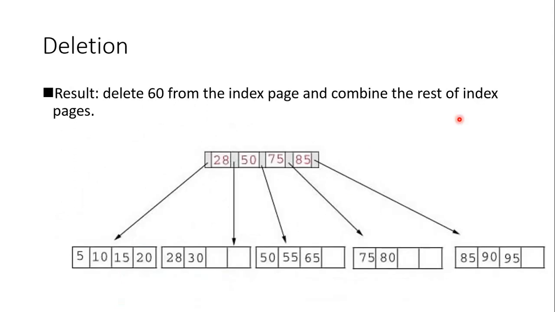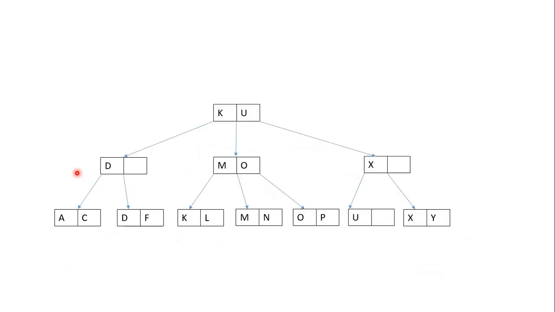The resulting tree will be like this: 28, 50, 75 and 85 in the same level, whereas 50, 55 and 65 are merged, and 60 is already deleted from the index level or the markup level, and all the data are now preserved in the same level. This is how the total tree is managed.